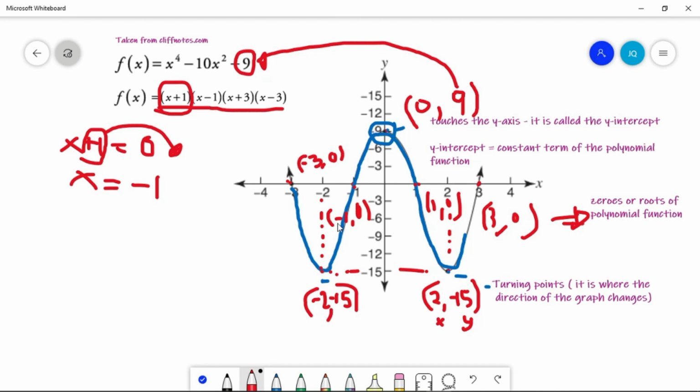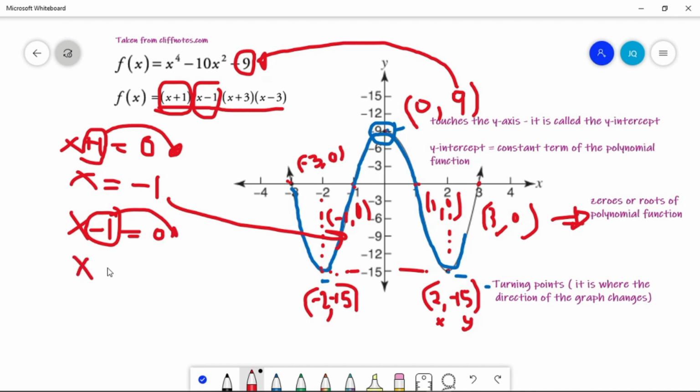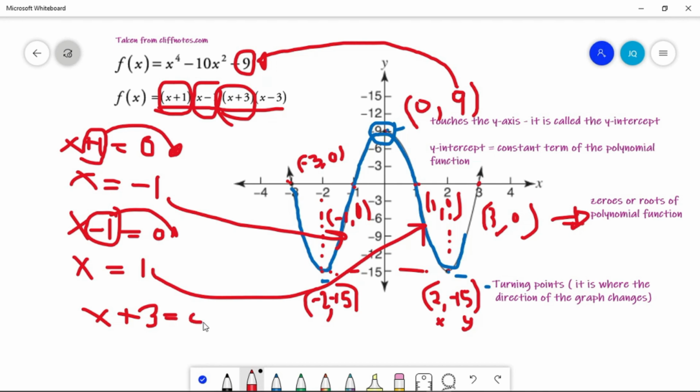That's why we get negative 1. How about this one? x - 1 = 0. So transpose: x equals, from negative it becomes positive, so we have positive 1. And this one, x + 3 = 0, so x is equal to negative 3.